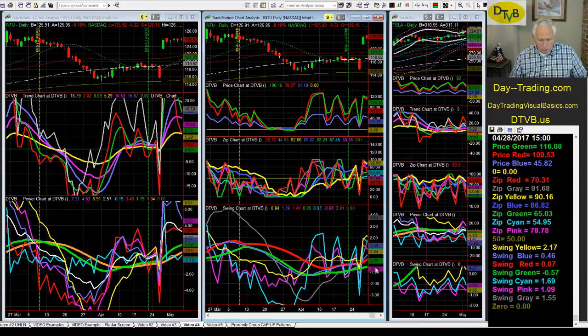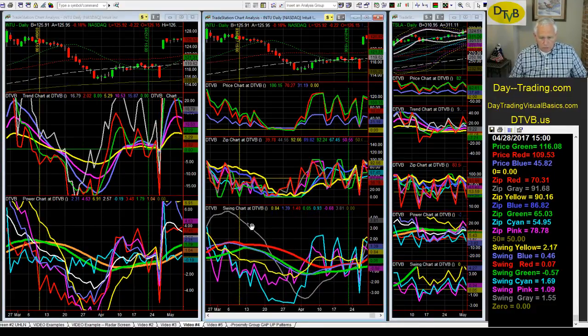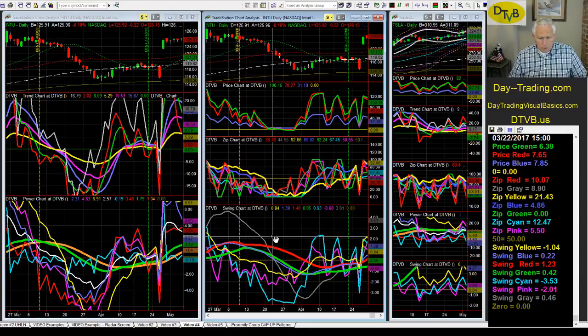And what's telltale in this is when things cross under zero, obviously. Specifically, swing gray will cross under zero on this line, and swing gray will cross under the red on the next day after this line.